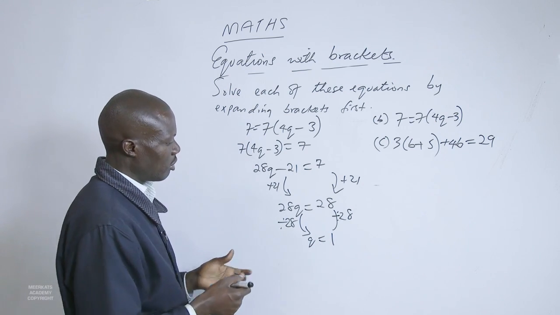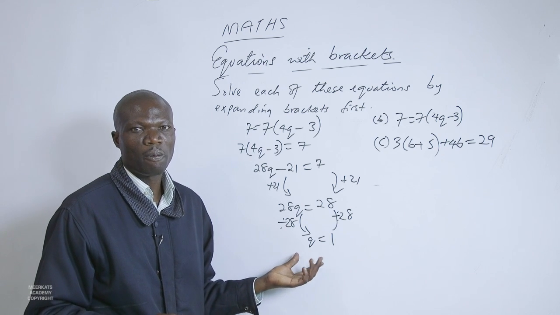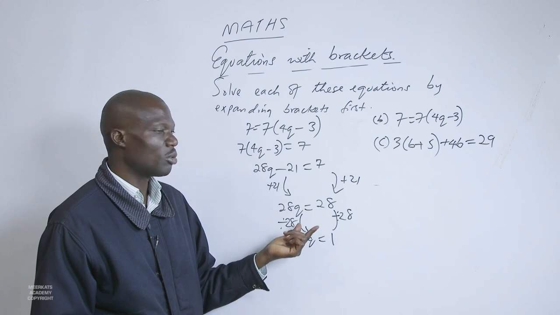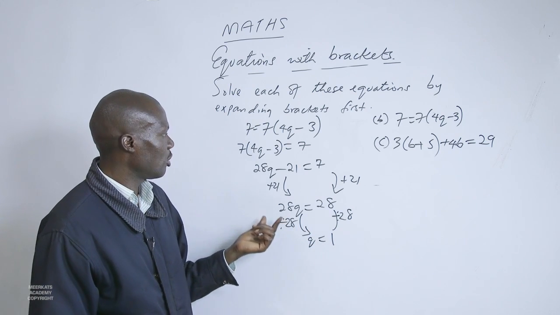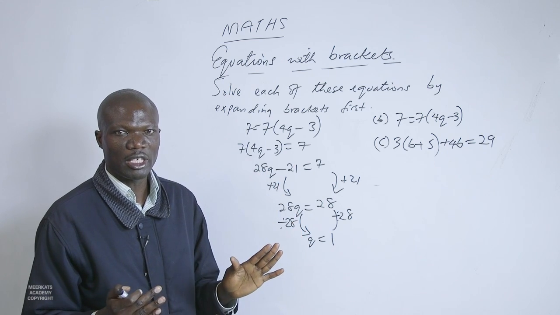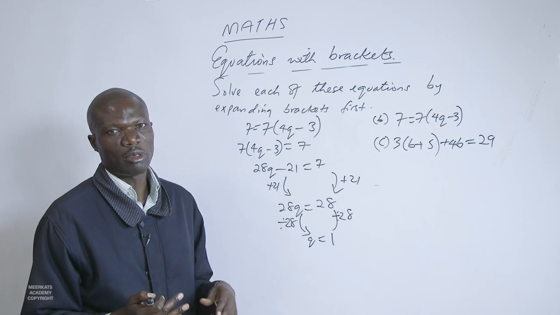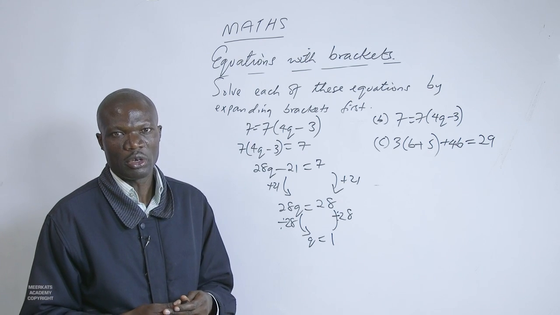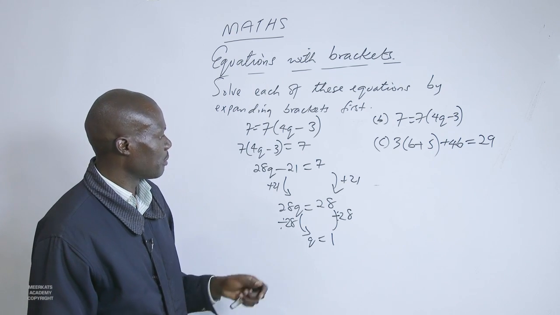So we can conclude that q is equal to 1. Take note of how we approached that. It's not a must to interchange the left-hand side and the right-hand side, but sometimes you do it so that you can work with your equation a bit easier.